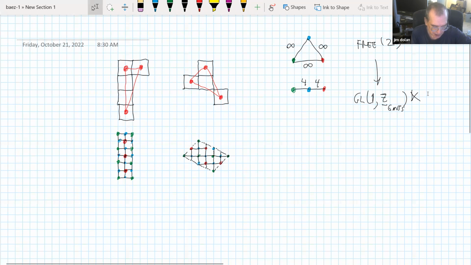And then this is just like the additive group of the Gaussian integers. So I guess you could just call this the affine general linear group 1 of the Gaussian integers. But it's this semi-direct product.